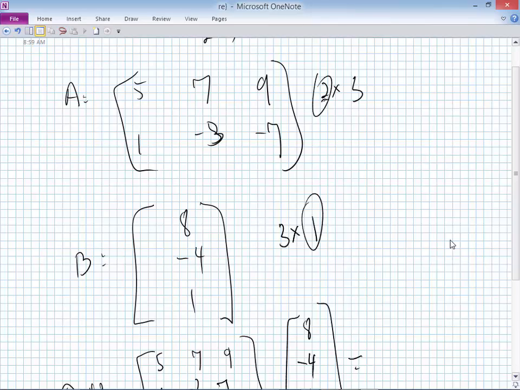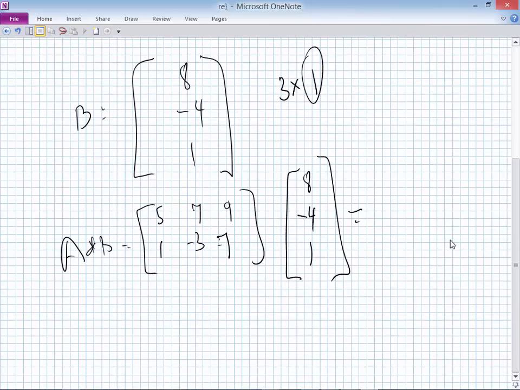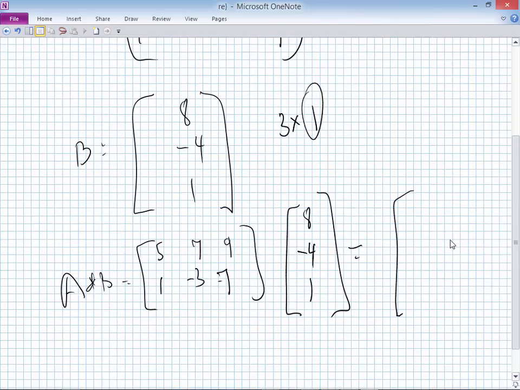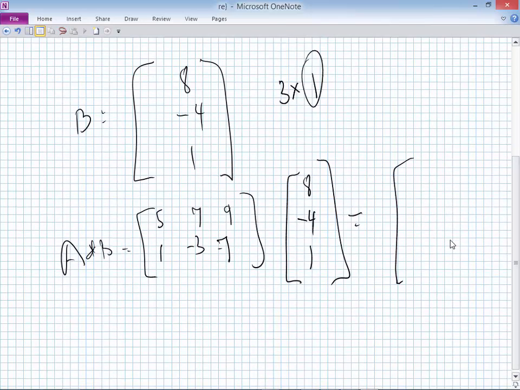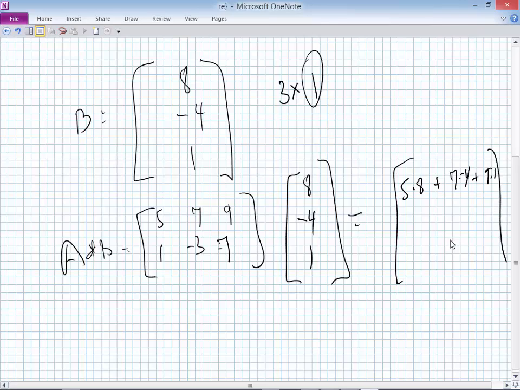Okay. So when we do this, this row times this column is going to be this value right here. So it's going to be 5 times 8 plus 7 times minus 4 plus 9 times 1. And you guys have done this before because you're correcting me as I'm doing this. That's good.